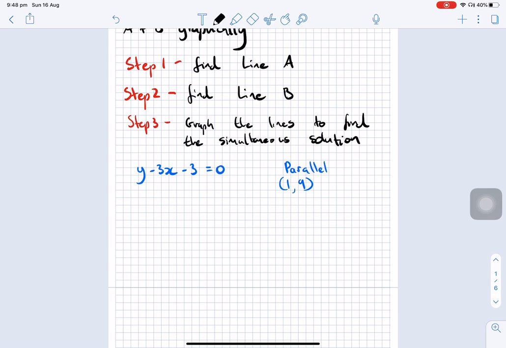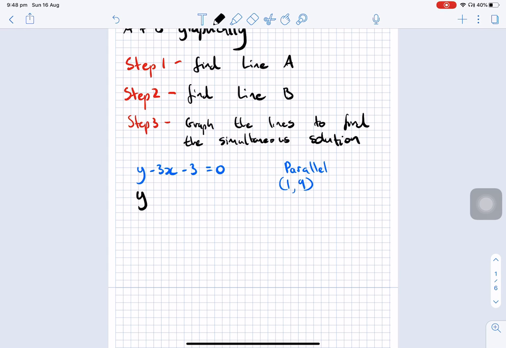Like I said, the first thing we're going to do is find line A. A good bit of revision for our linear equations. I've written down the key points here. The line is parallel to y minus 3x minus 3 equals 0, and goes through the point x equals 1 and y equals 9. First we need to rearrange this equation, remembering we want to make y the subject.